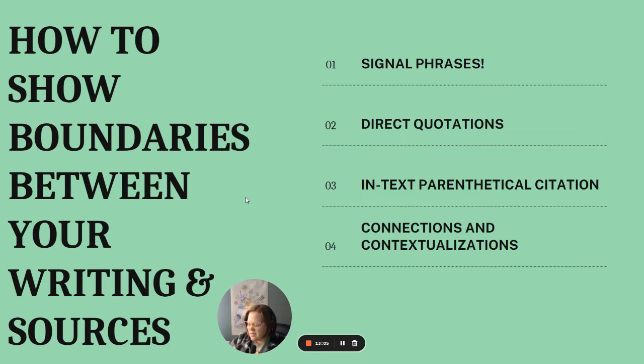Connections and contextualizations are a little bit more difficult in that they don't rely on just simple things like punctuation or quoting or a signal phrase. It actually requires you to put in some work. So you have to connect the source's ideas and information to your ideas. Make it clear how it fits with your own statements and claims. You can do this by calling out a key point from the source to emphasize and amplify that point.